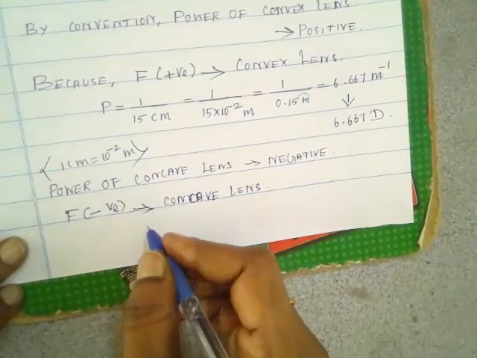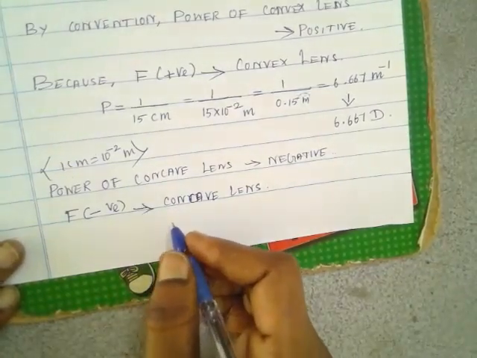For example, I will take a concave lens. This is a concave lens.